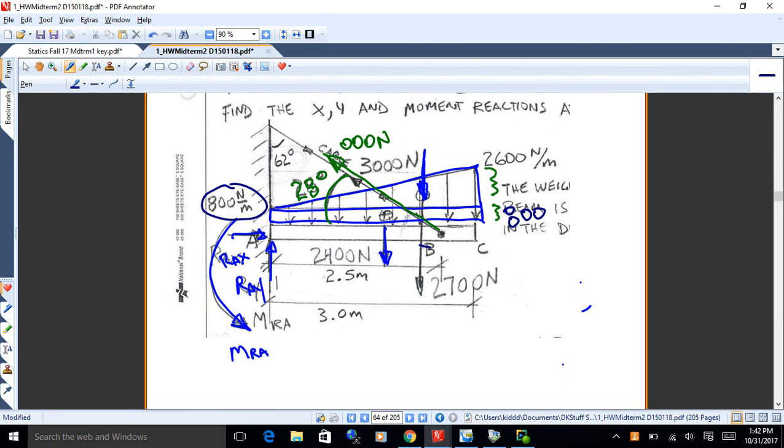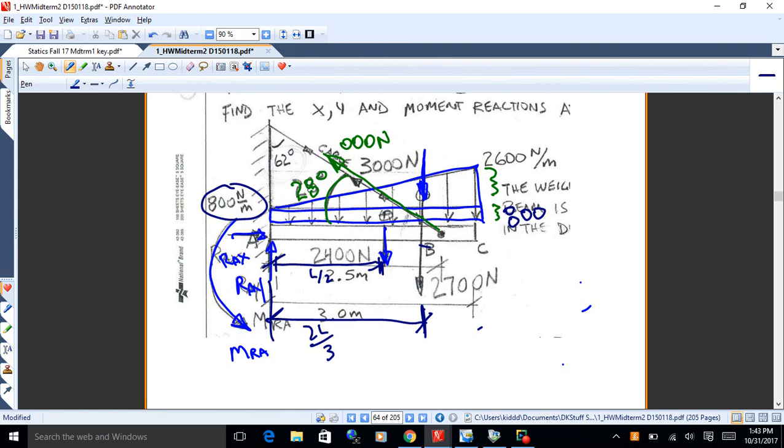You're also gonna need to find these dimensions to these loads, which are based on the centroid of the figure. So this one is L over 2, and this other distance is going to be what, 2L over 3, because we're coming from the vertex.